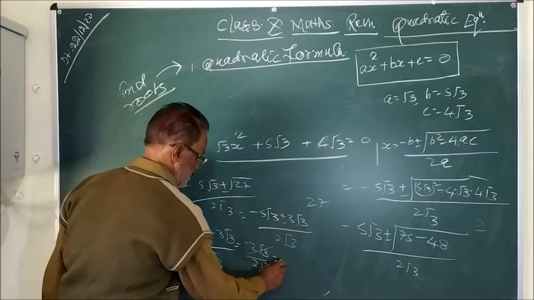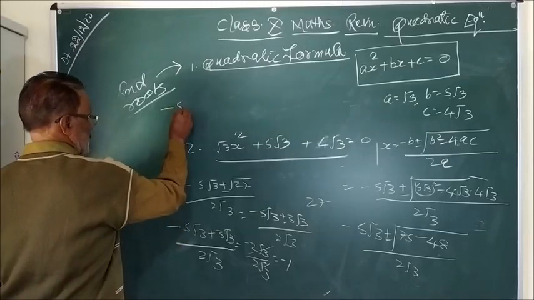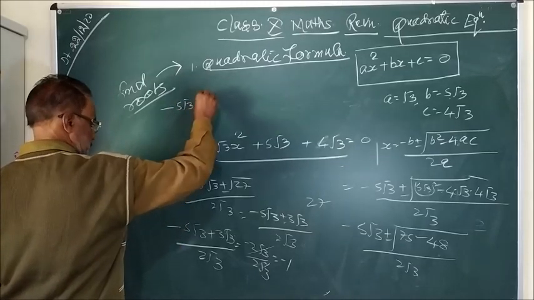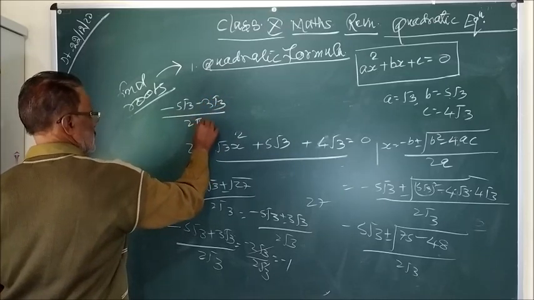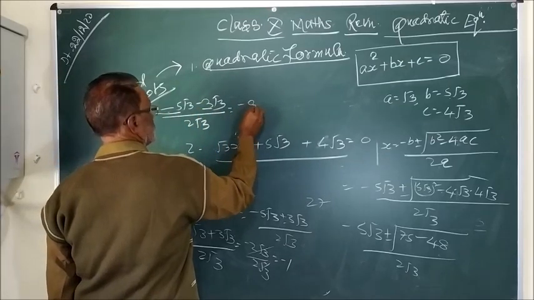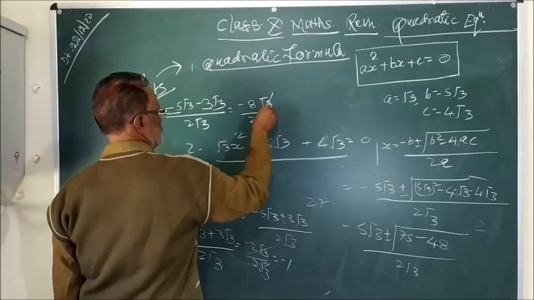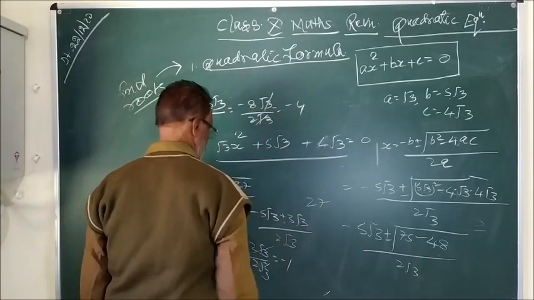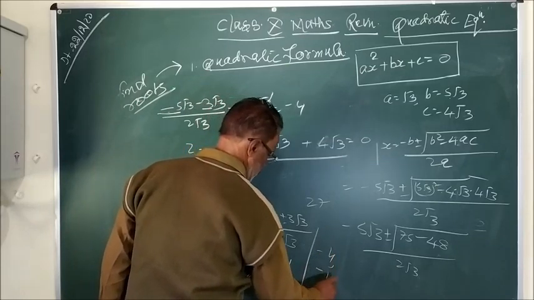This will be cancelled, minus 1. And if you take negative, minus 5 root 3 minus 3 root 3, minus 8 root 3 upon 2 root 3. This will be cancelled, minus 4. So the roots are minus 4 and minus 1.